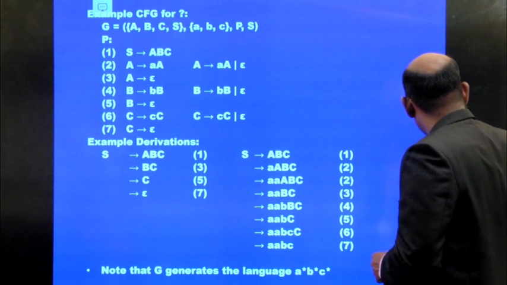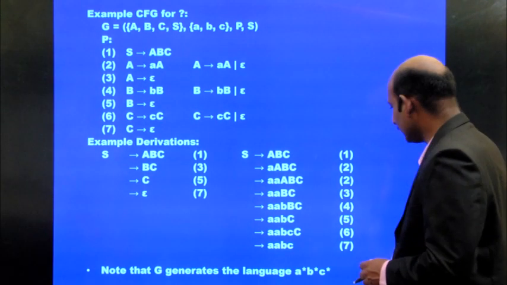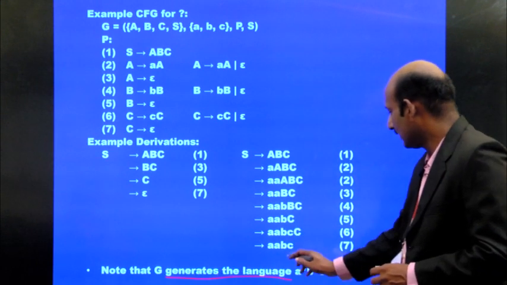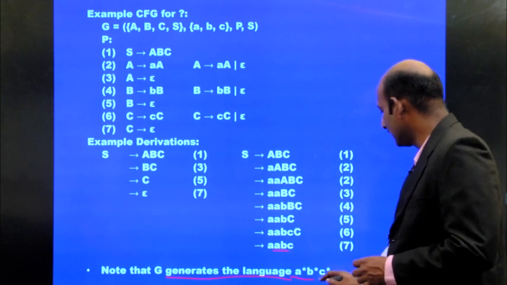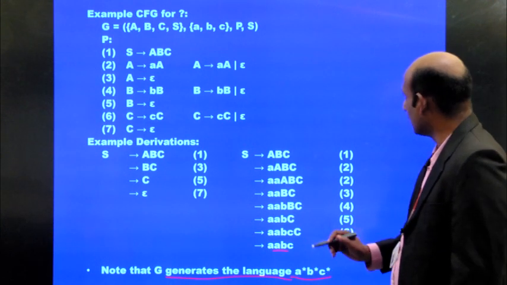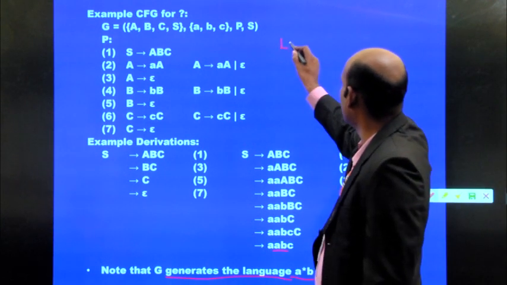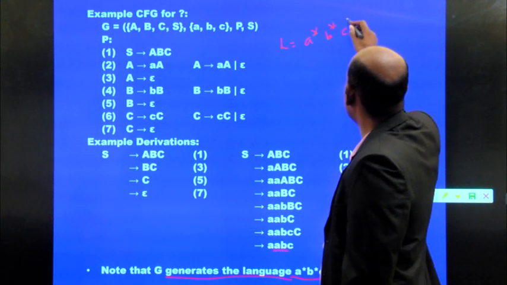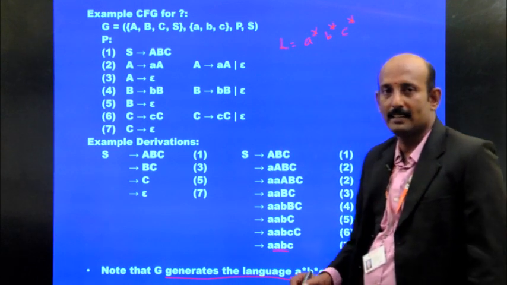So what we have to understand here is, what is the language which is generated? The language generated is A star, B star, C star. What does the star indicate?